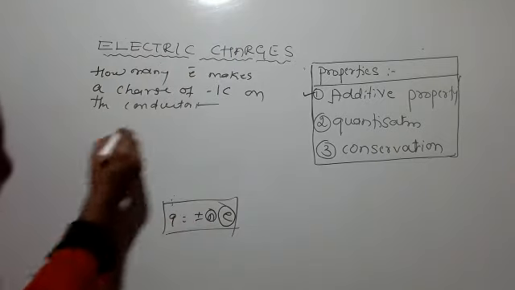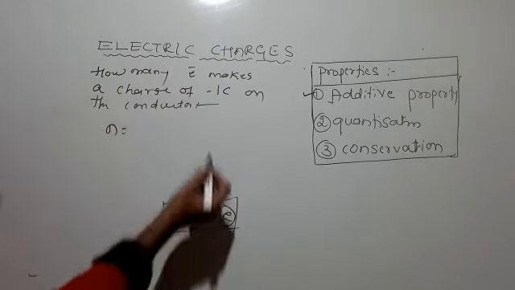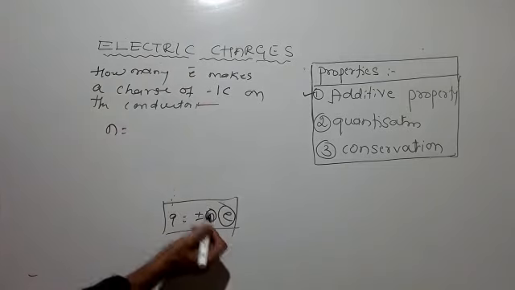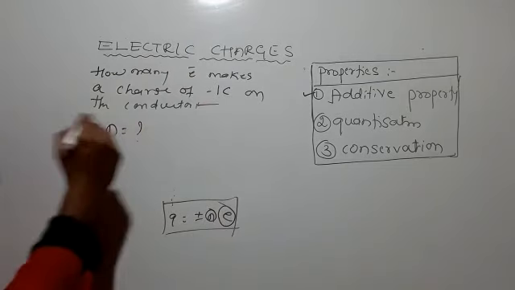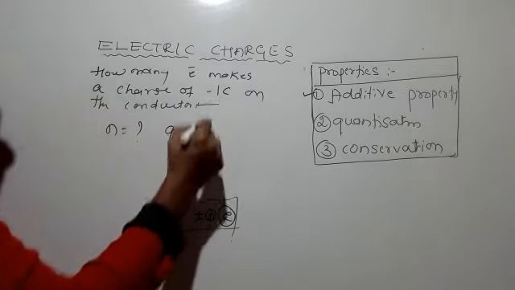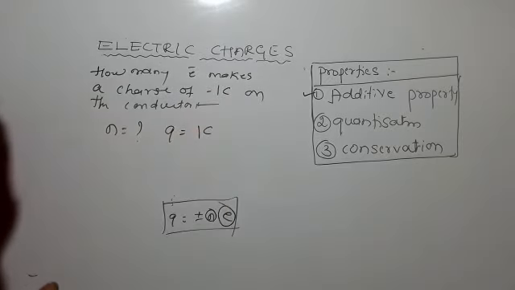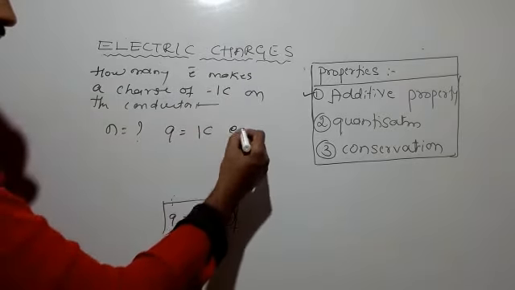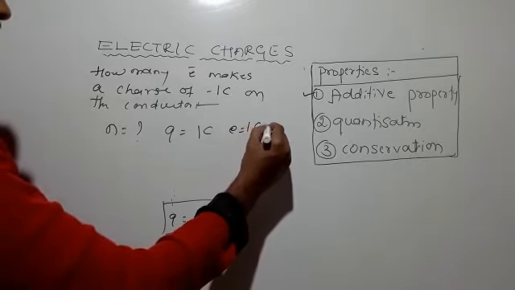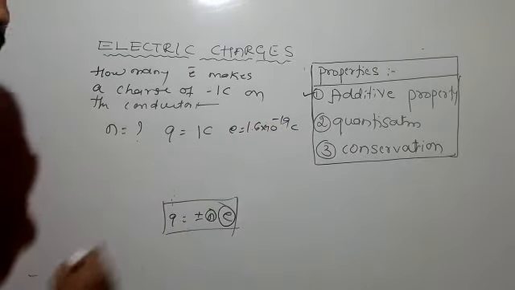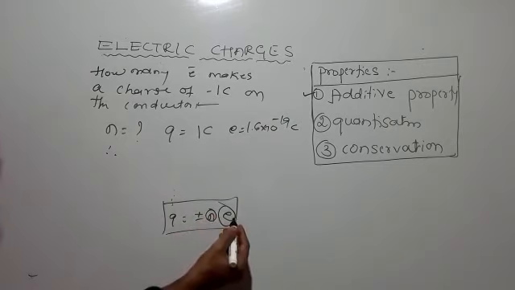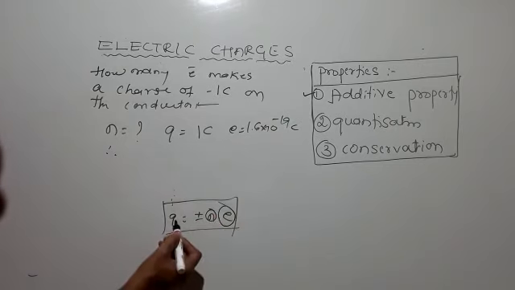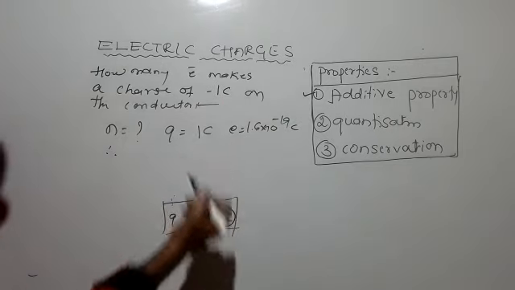That means here the number of electrons, that is n, is to be calculated. The charge on the conductor should be 1 coulomb. We know the value of e, that is 1.6 into 10 raised to minus 19 coulomb. Therefore, using quantization of charge, Q is equal to plus or minus n into e; here we can take minus.